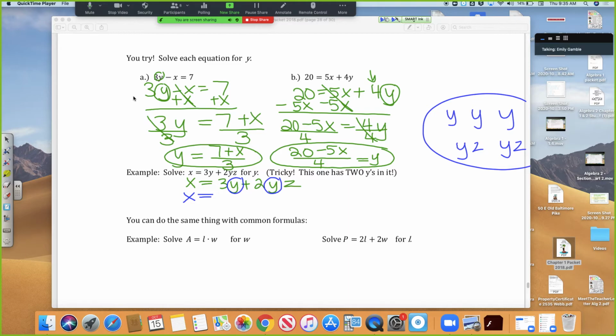So what we're going to do is take the y out of both of these terms, 3y and 2yz. If I take a y out and I put parentheses in, it basically is going to look like the distributive property before you would usually distribute. If you take 3y and you take the y out of it, what would you still have to have in the parentheses so that it still would equal 3y?